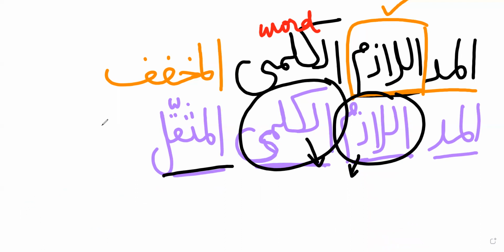And just to bring back to perspective, what are we studying today? We are studying all the stretches which are present in Quran because of the presence of a sukoon. Okay, so the next one is al-mad al-lazim.